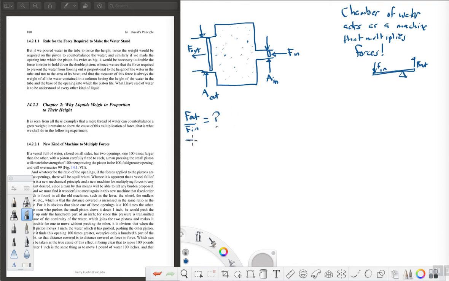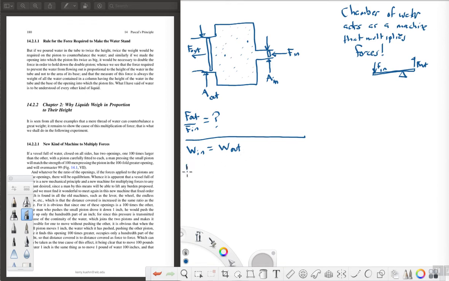Well, a strategy for figuring this out is going to be to use this idea that the work you put in is equal to the work you get out. This is the way that we analyze this lever. This is the same way that we are going to analyze this fluid-filled chamber.